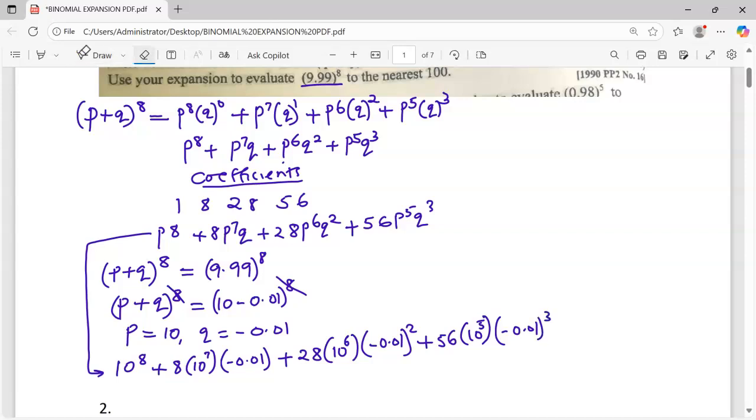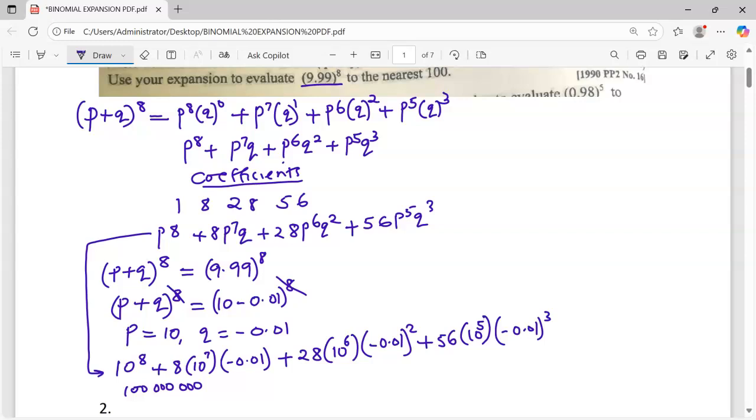Once we have done that, we can now simplify and get the final answer. 10^8, you get 100 million. Next, we are going to have 10^7.